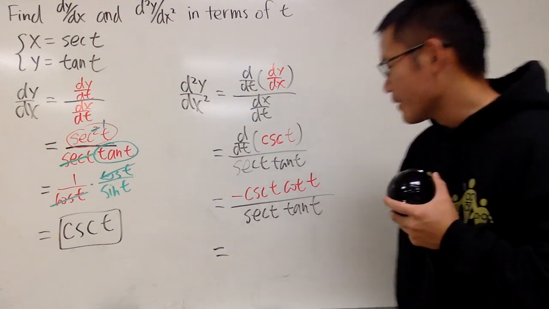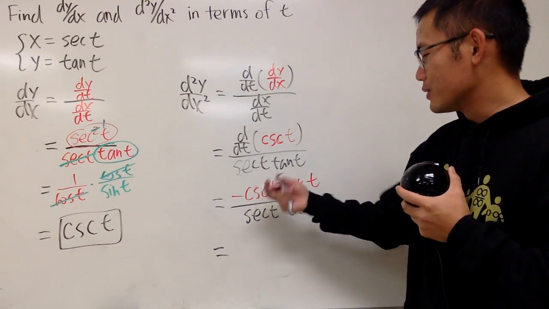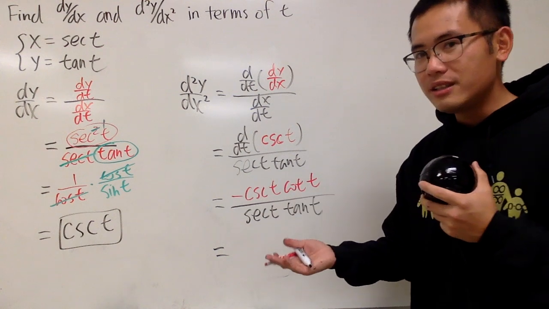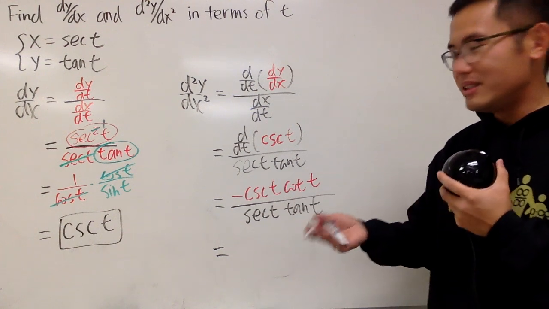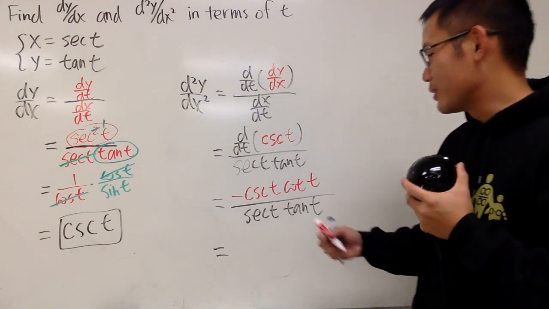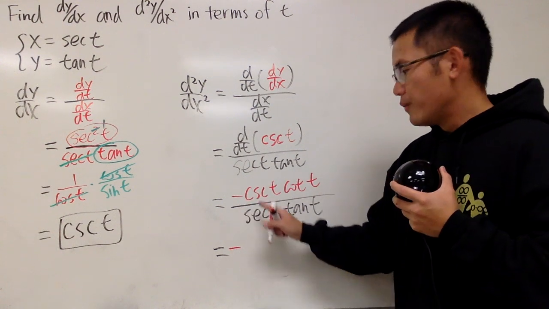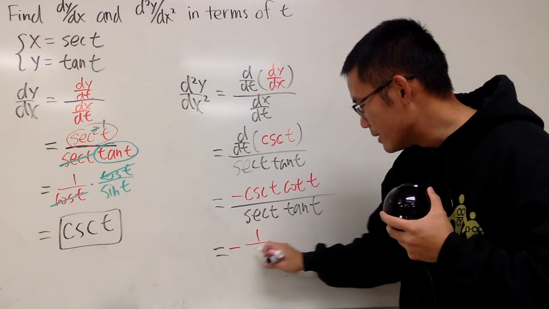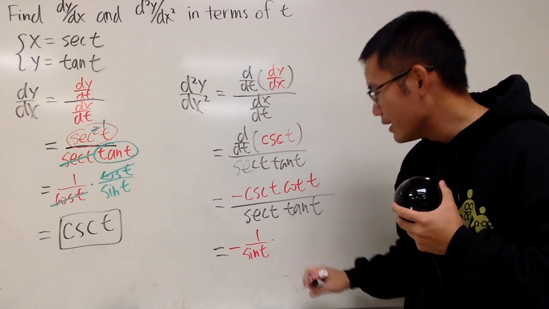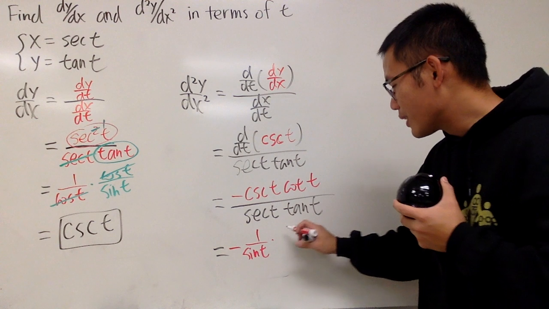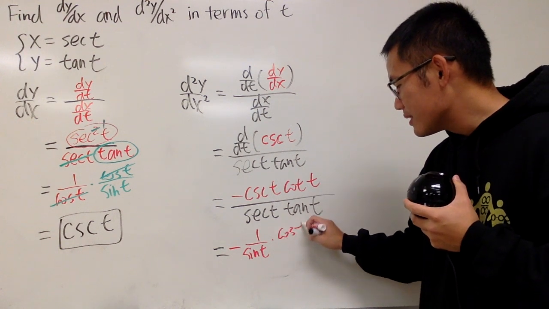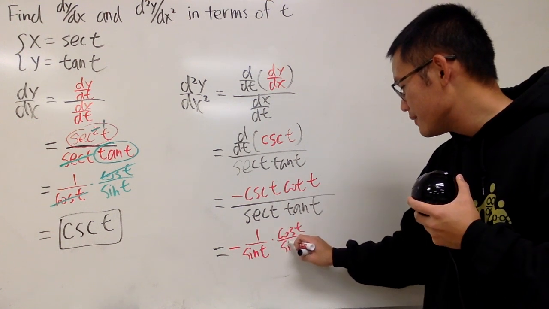Here we go. For the red part, I will write it down in red. I will change everything in terms of sine and cosine so that we can see things cancelling much better. We have the negative right here. For the cosecant t, this is the same as 1 over sine t. And for the cotangent t, this right here is cosine t over sine t.